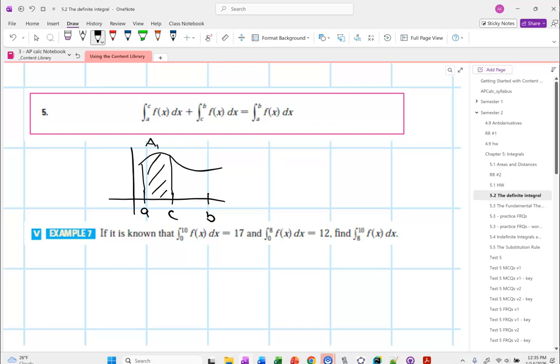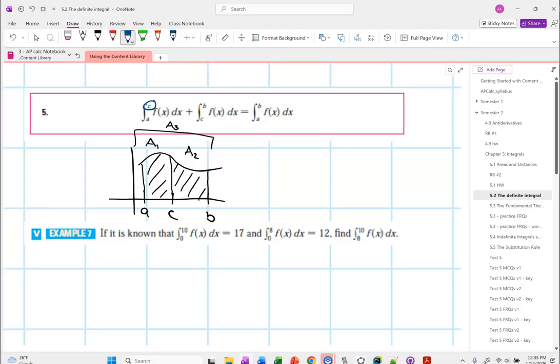The second integral is that area, right? The third integral is that area. Everybody see why this has to be true, right?